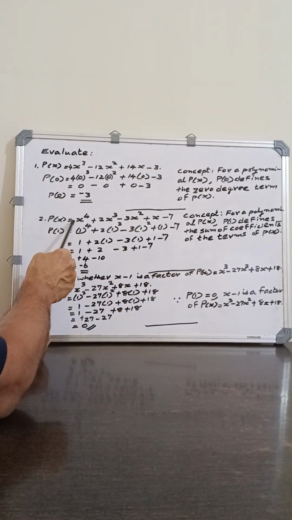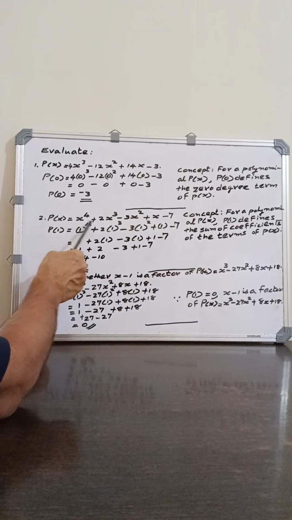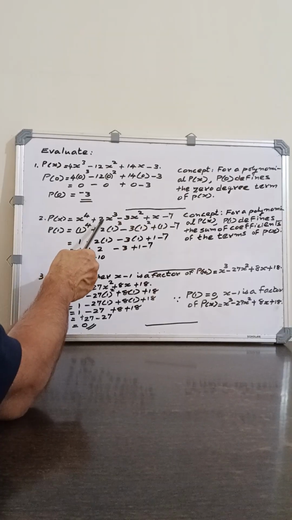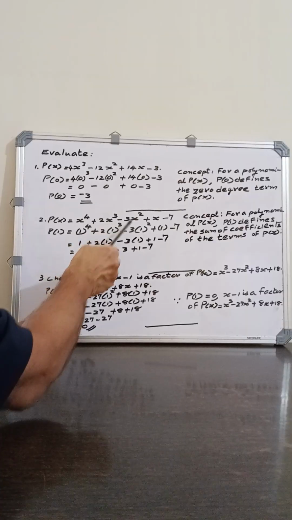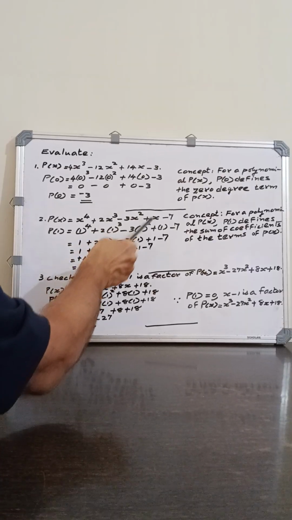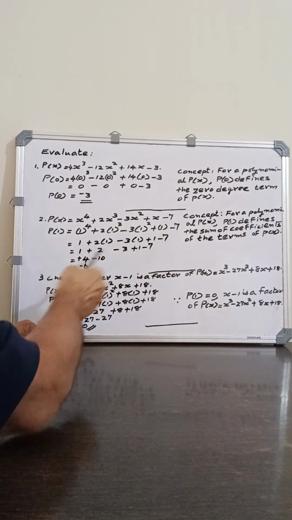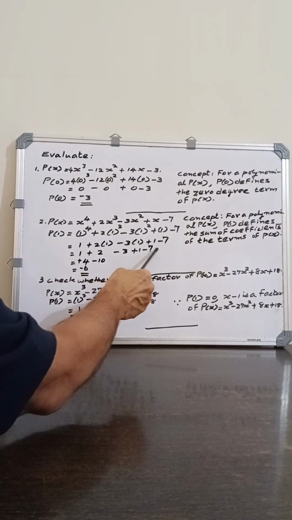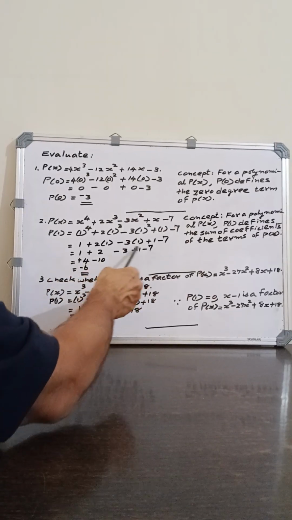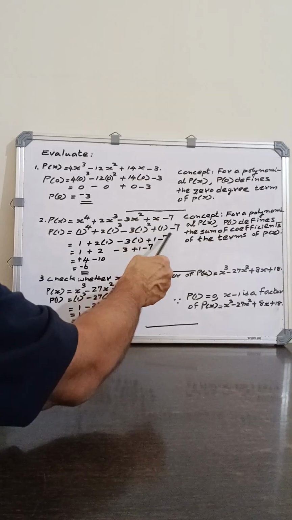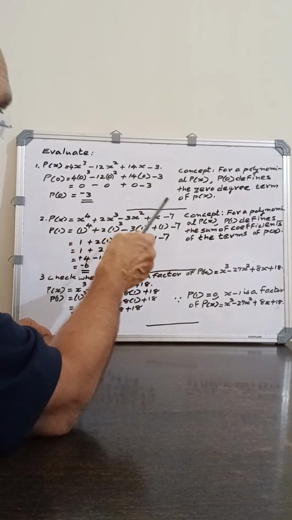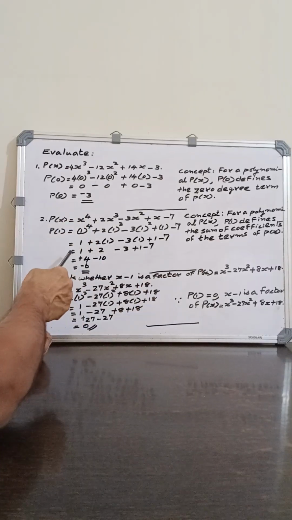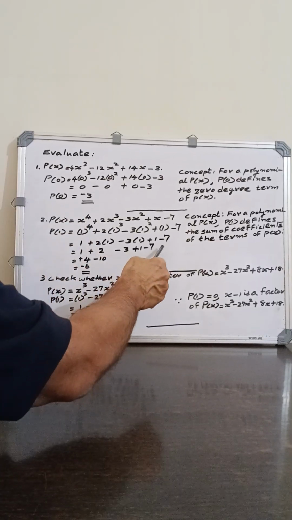Therefore, the coefficients are positive 1, positive 2, minus 3, plus 1, minus 7. When we evaluate P of 1, if we substitute 1 in the place of x, we get only the coefficients at the end.